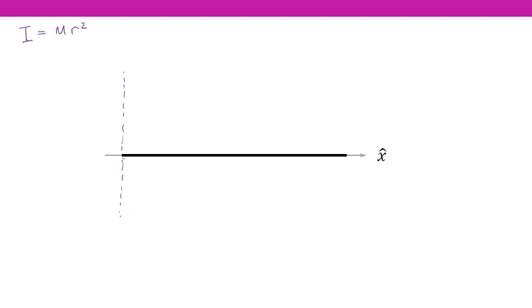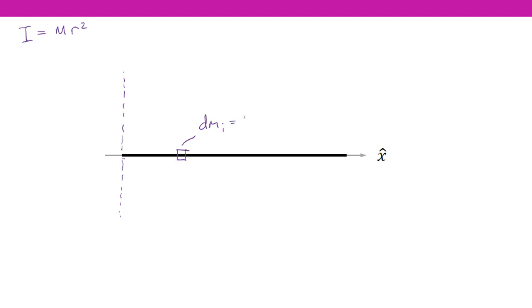If we do this, first of all, we need to chop it up into little mass bits. Each little mass bit has a little differential mass. How much mass is there? Well, I look at this and I need a density.